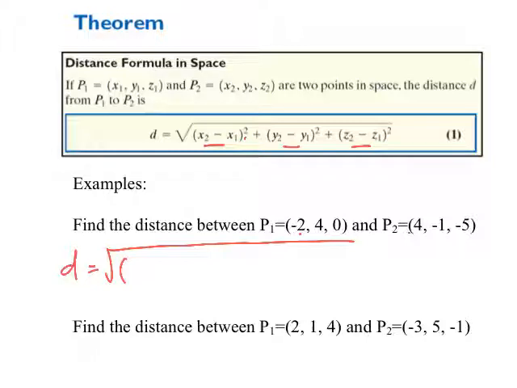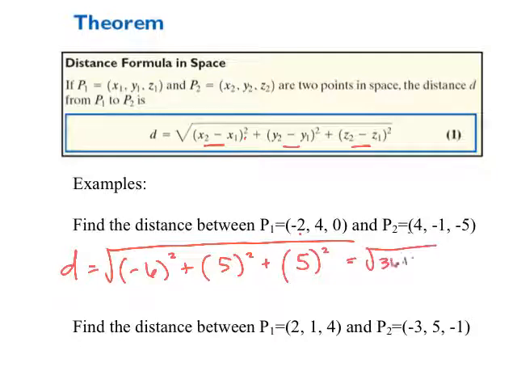So -2 minus 4 is -6 squared, plus 4 minus -1 is 5 squared, plus 0 minus -5 is 5 squared. And you end up with the square root of 36 plus 25 plus 25, which is the square root of 86. And of course, what's that? A little bit more than 9.